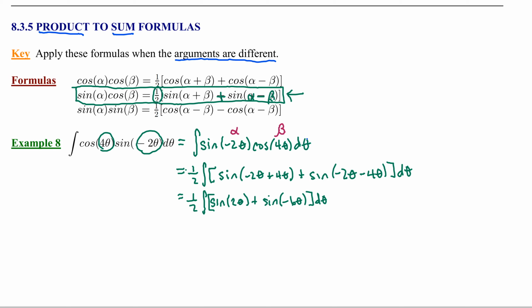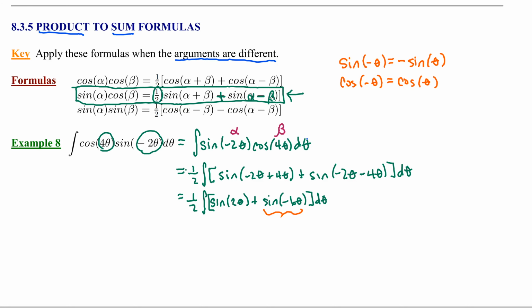Now let me throw in a couple more trigonometric identities, the even and odd identities. Sine of negative theta, since sine is an odd function, is equal to negative sine theta. And cosine of negative theta, since cosine is even, is the same thing as cosine of theta. So I am going to choose to use this to simplify sine of negative 6 theta.